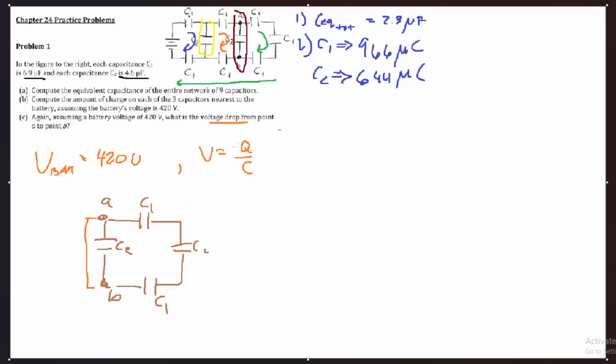So we have V is equal to Q over C. So VAB is going to be the charge on this.